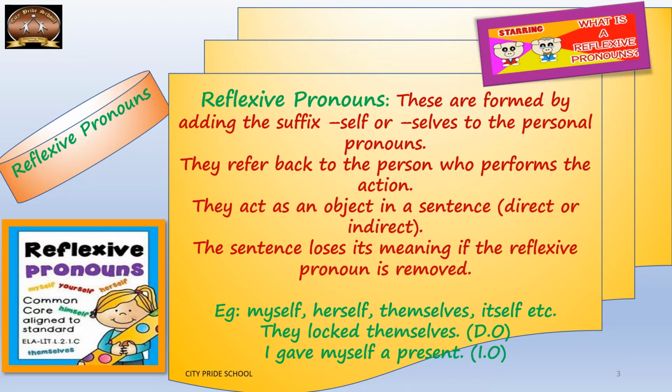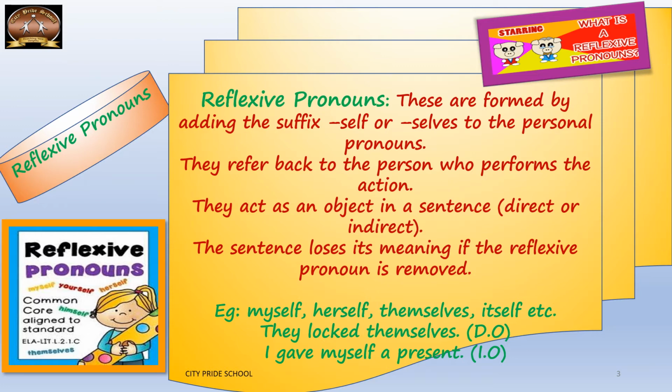Now you will ask me the question, Miss, just now you told us that if you remove a reflexive pronoun, the sentence loses its meaning. Yes, that's true. But there's an exception. If the reflexive pronoun is acting as an indirect object in a sentence, then even if you remove it, it will make sense. So how do you identify? First, you need to remove the word.